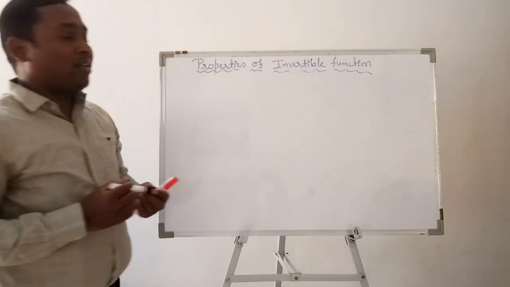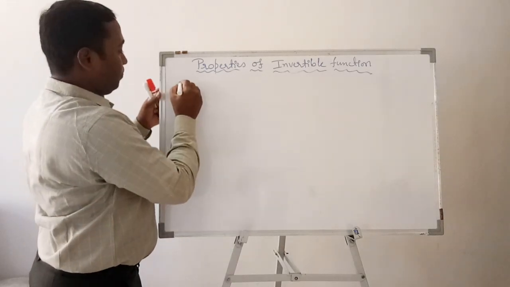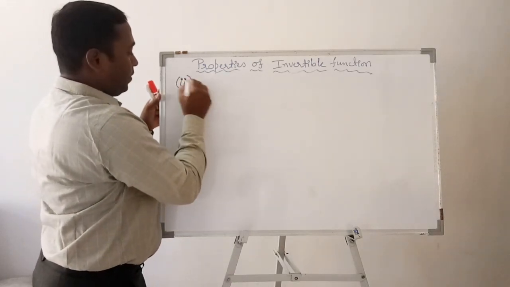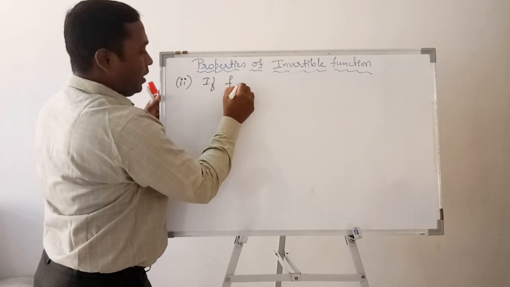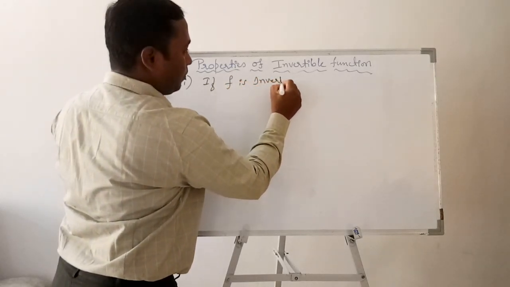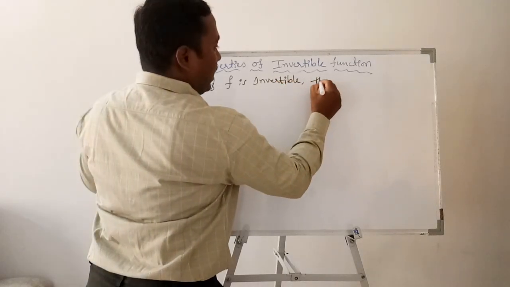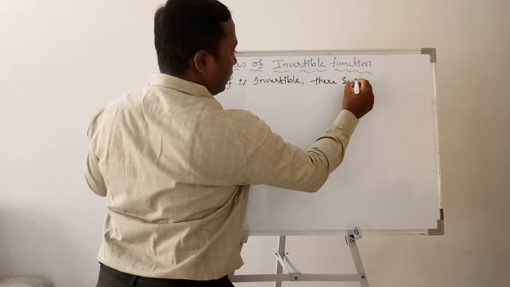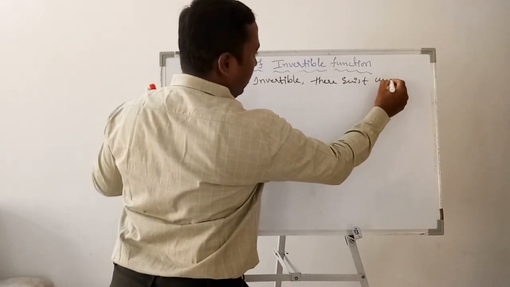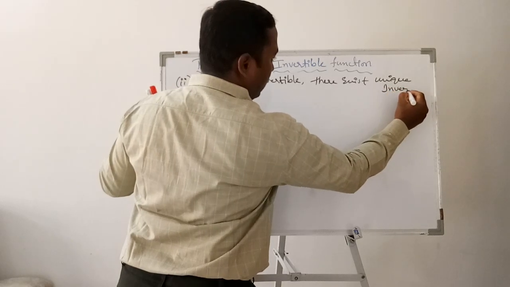Now see, what is the second property of the invertible function? If f is invertible, there exists a unique inverse.